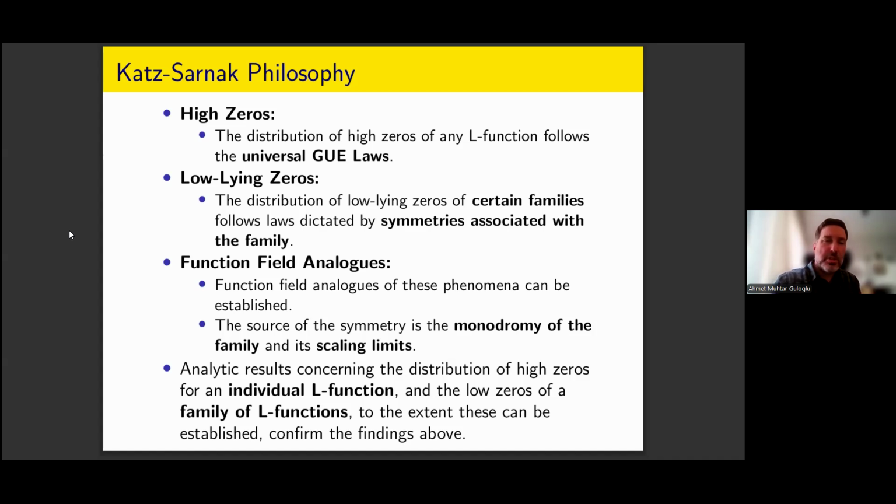And because the distribution of eigenvalues of matrices is already known, since it was studied before to answer some questions in physics, you can basically borrow from those answers to get ideas about the distribution of zeros of L-functions.